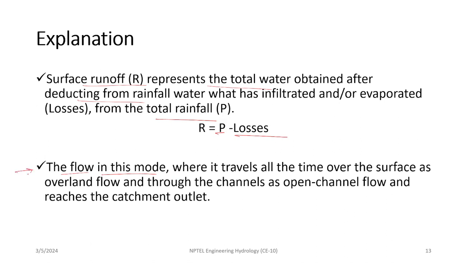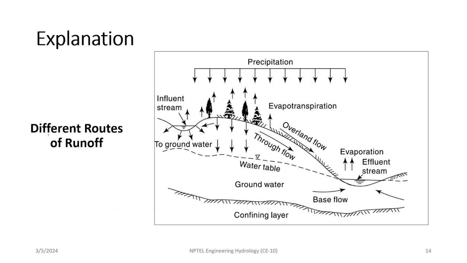Now it is saying about the flow. So flow is what travels all the time over the surface as overland flow and through the channel as open channel flow and reaches the catchment outlet. So when we are talking about the flow, what would be the possible sources? Now you can see the different routes of runoff. First is overland flow.